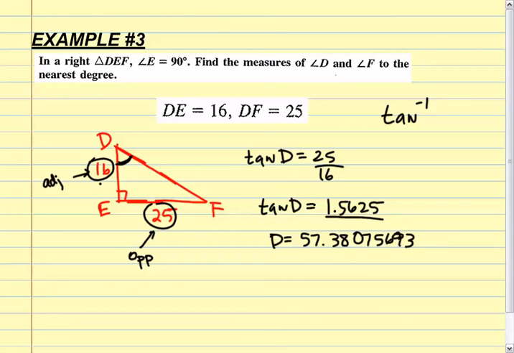They said to the nearest degree, so I look at this number, scratch those things out, and I see that D is going to equal 57 degrees. Now the great thing is that this is 57 degrees. I know these two have to add up to 90, so this is going to be 33 degrees. Done. I only needed to find one to find the other. That's easy stuff.